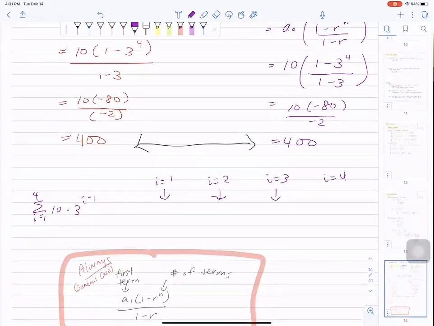When you plug in i equals 1, you get 10 times 3 to the 0, which is 10. When you plug in i equals 2, you get 10 times 3 to the 1, so that's 30.